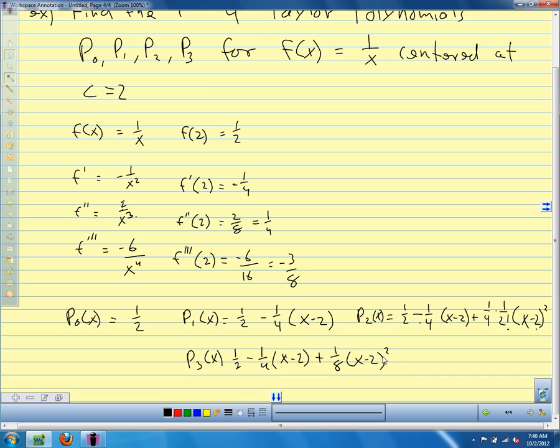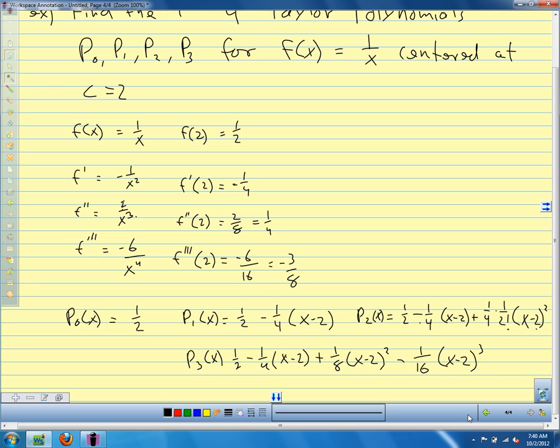And my last term, I'm just going to write the simplified version, minus 1 over 16 times x minus 2 to the third. So those are my first four Taylor polynomials for 1 over x expanded about c equals 2. So for x values near x equals 2, this is going to be a very good approximation.